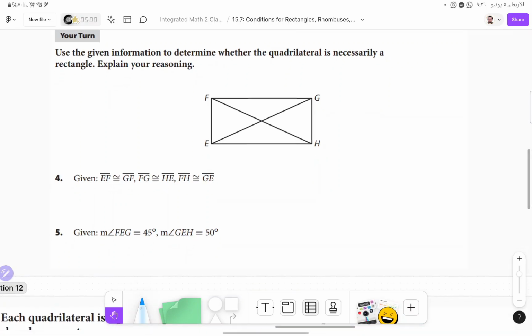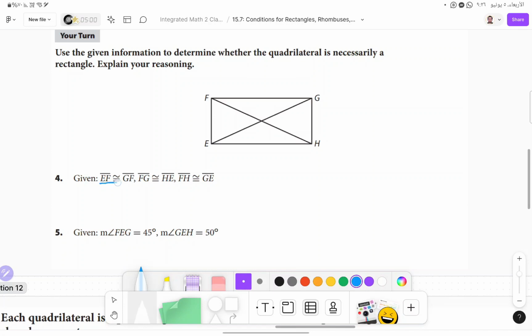Now it's saying here, given that EF is congruent to GF. So this one here is congruent to this one here.